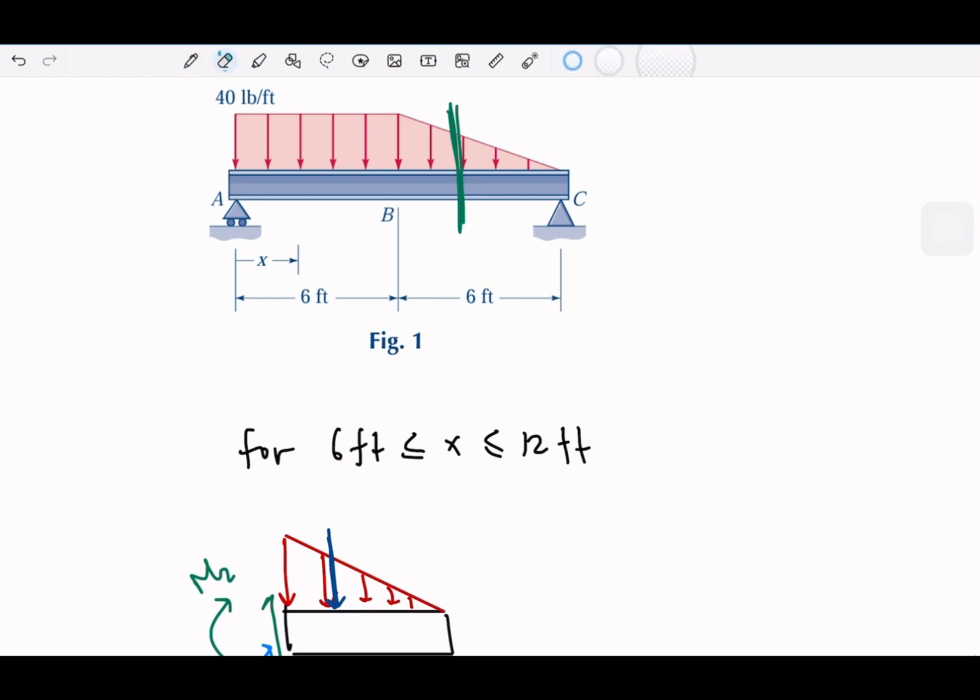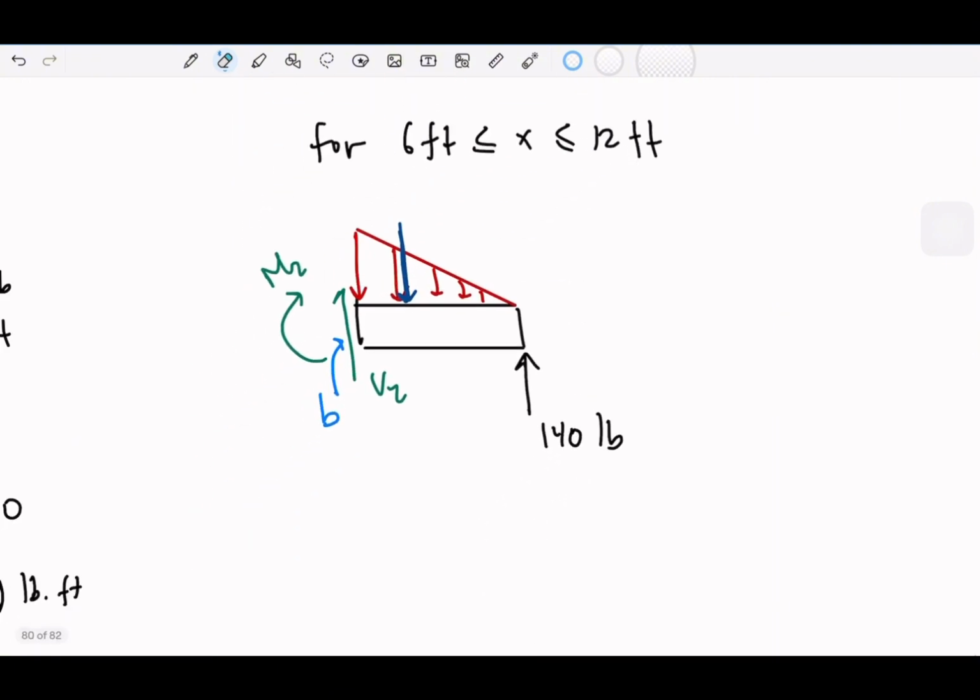To make our calculations easy, we can let all this line up until here be the distance x, and this distance here we can use 12 minus x. If we use another x, then this might contradict the previous conditions.